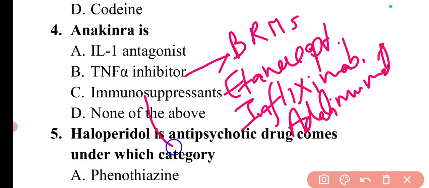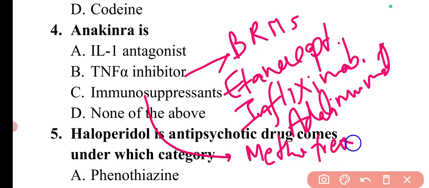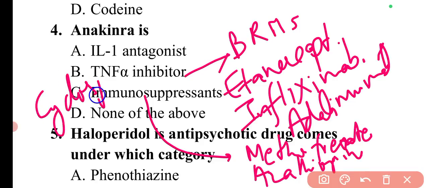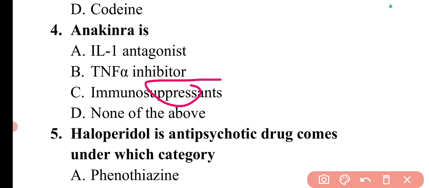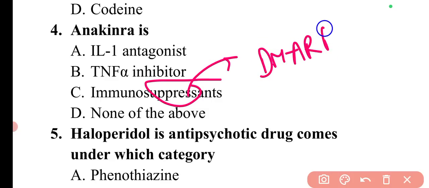Then if I talk about the immunosuppressants, immunosuppressants include methotrexate, azathioprine, and cyclosporin. We can say these immunosuppressants are a subpart of disease modifying anti-rheumatic drugs.